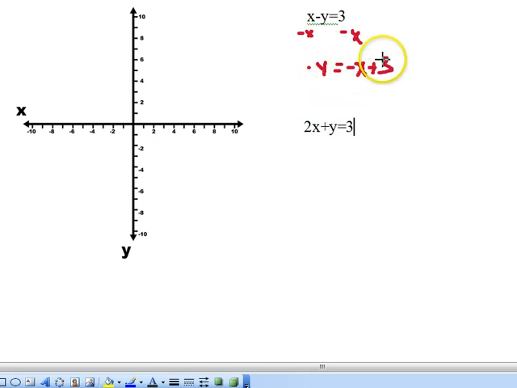So we need to change these signs so that we can get what y is equal to. So y is equal to positive x minus 3. And all I did was change negative x to positive x and positive 3 to negative 3. Now, for this one down here, we need to get y by itself, so we're going to subtract 2x from both sides.